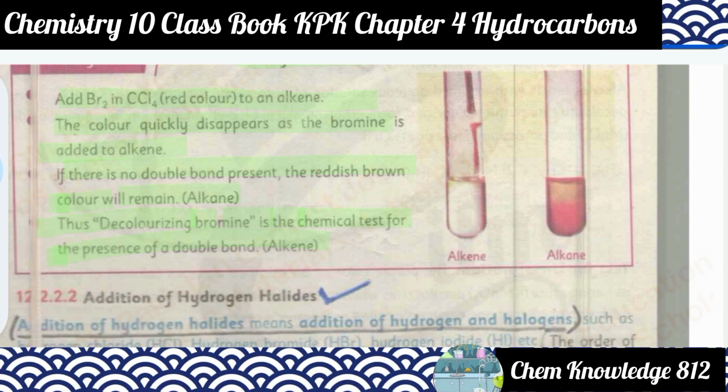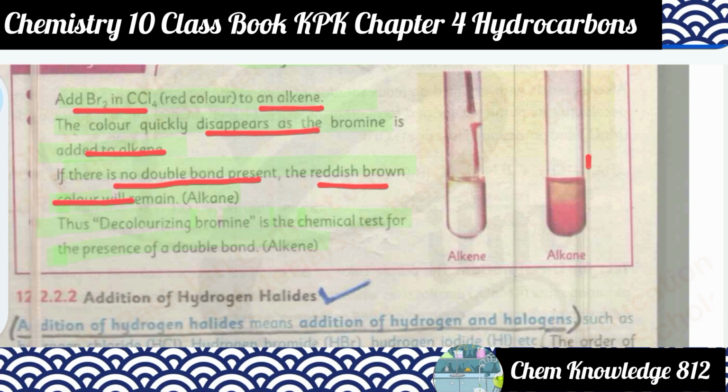तो ये कह रहे कि अगर हम ब्रोमीन को अल्कीन में ऐड करेंगे तो कलर क्विकली डिसअपियर हो जाएगा. अगर no double bond is present, यानी अल्कीन अगर वो नहीं है तो जो रेडिश ब्राउन है वो विल रिमेन.